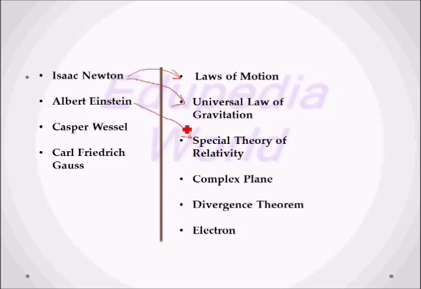Geometrical representation of complex numbers was discovered independently by Caspar Wessel and Carl Friedrich Gauss. So, arrows from both these scientists will point to a common member in the second column, precisely complex plane.